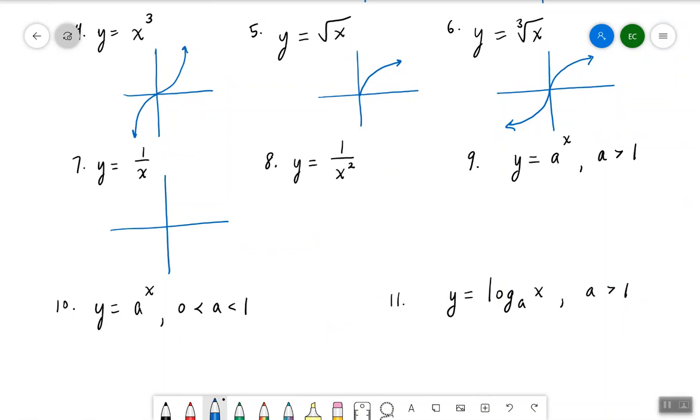Starting here with number 7, we should be labeling asymptotes.